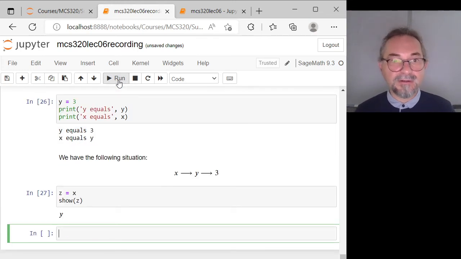Then it doesn't fully evaluate. So actually now I have that z refers to x and x refers to y. I'm sorry. So it evaluates only one level. So we also have now that z refers to y.